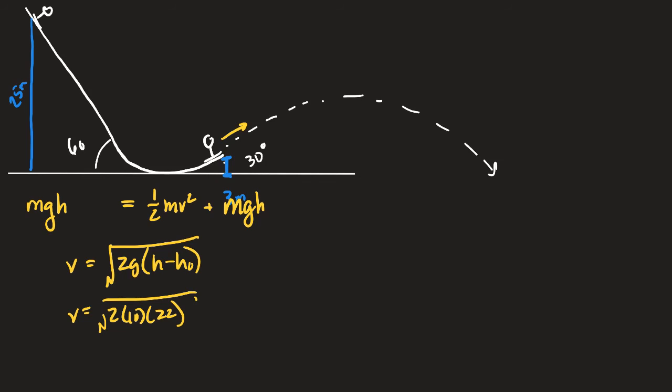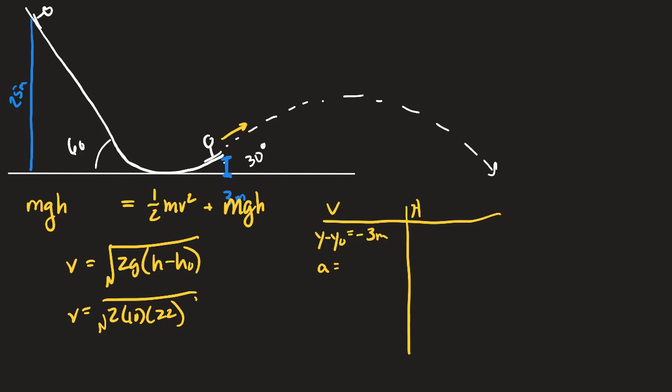Now, let's step away from that for just a minute and figure out what we're going to do with that. The person is launched. I have vertical and horizontal here. They're launched at a vertical height of 3 meters, so their displacement will be minus 3 meters, making it to the ground for the projectile portion of this problem.